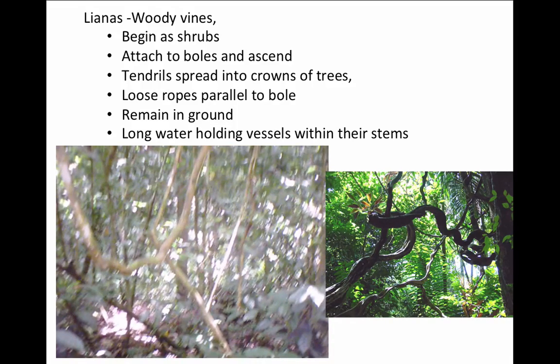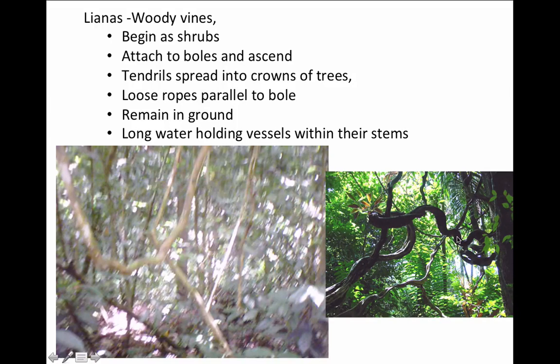When you see lianas so thick, that indicates they're rather old. Yeah, they can get up to decades in age. And so the tendrils are, of course, going to try and make their way up to the crowns of trees. And then you'll see this loose, dangly business.